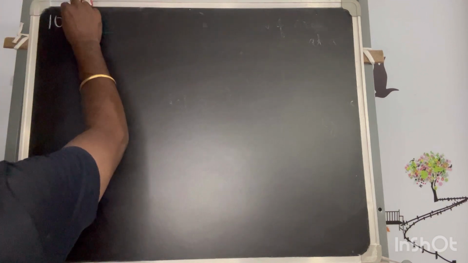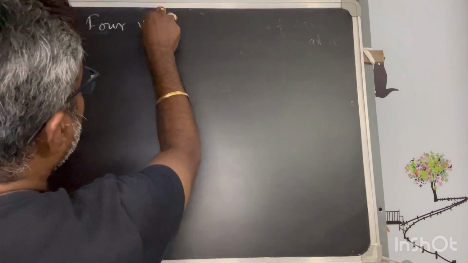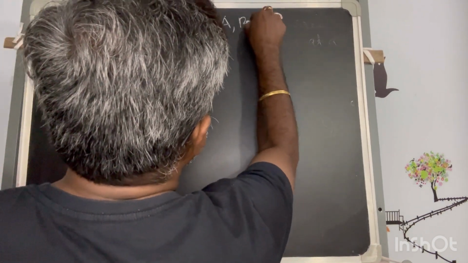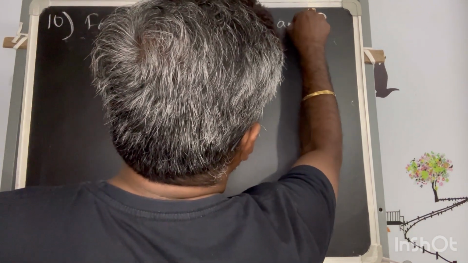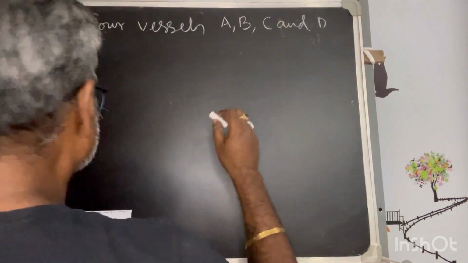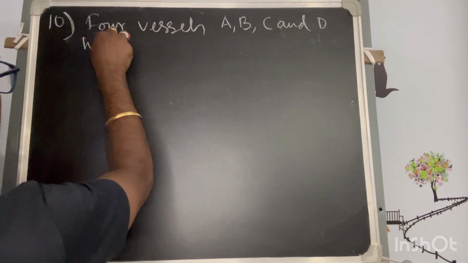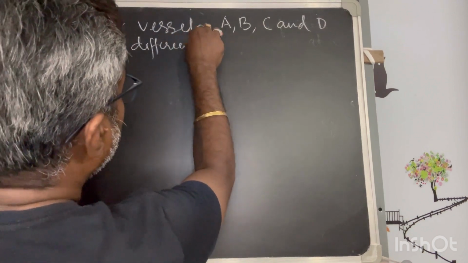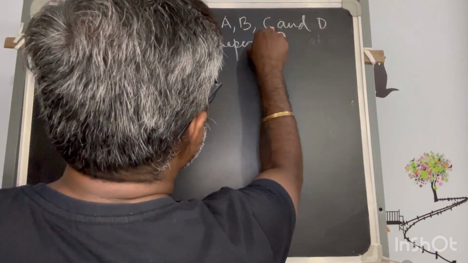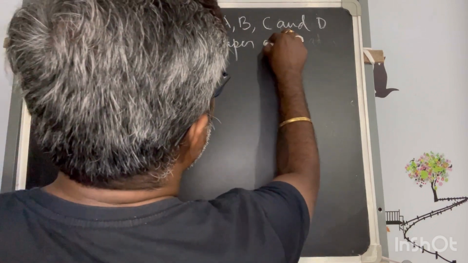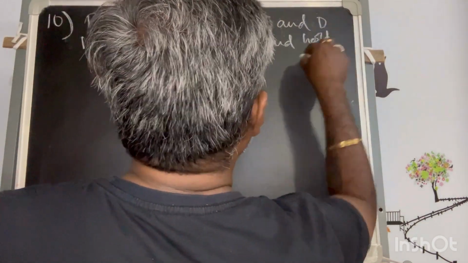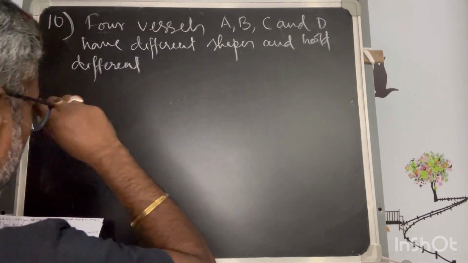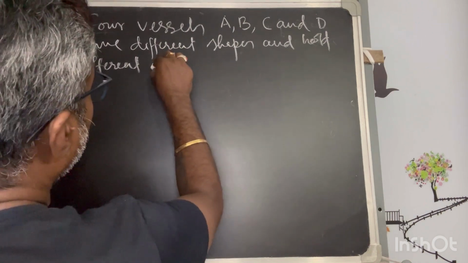Four vessels A, B, C and D have different shapes and hold different amount of water.